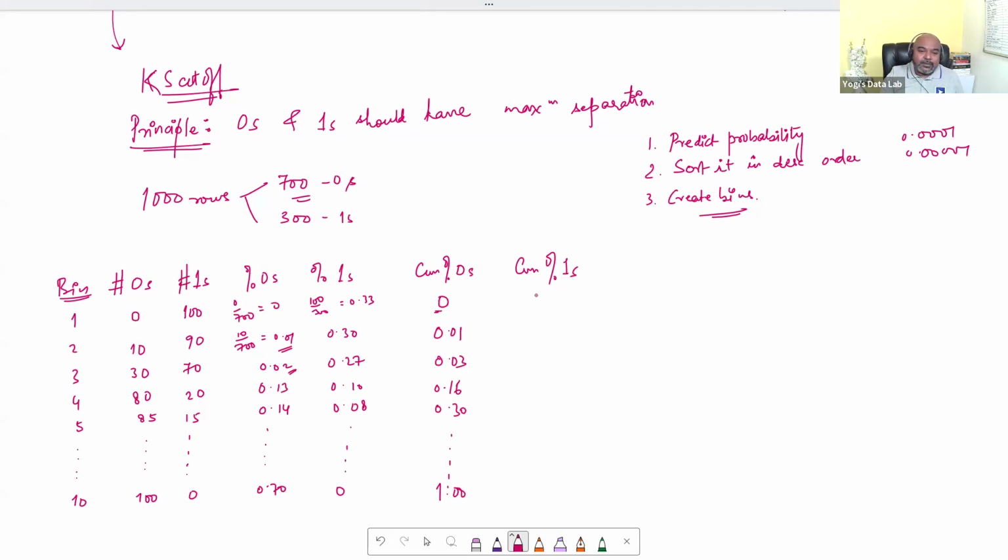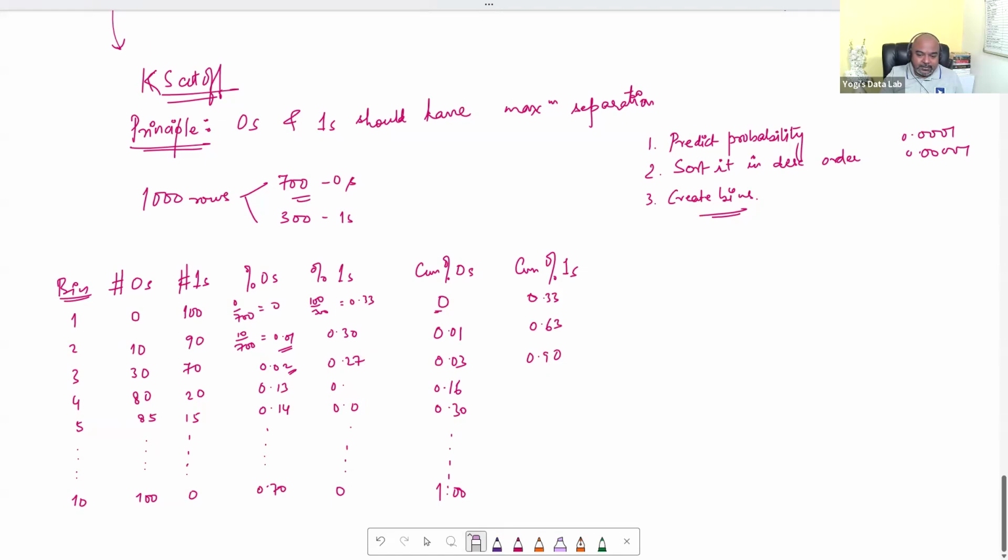When I talk about cumulative percentage of ones, we'll start with 0.33. This will become 0.63. This is 0.63 plus 0.27. It will be 0.90. So this cannot be 0.10. It has to be something different because it will end up with 100%. So I'll change this.